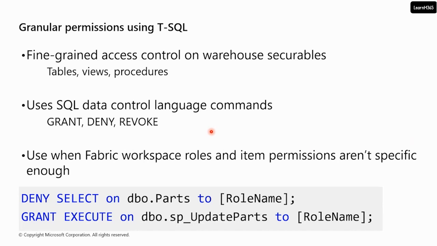Users can also be denied the permission using the deny statement. If a user is granted a permission and then denied the same permission, then the deny will always supersede the grant and the user will be denied access to the specific object. This we always have to remember. So this is basically all about the granular permissions which we discussed.